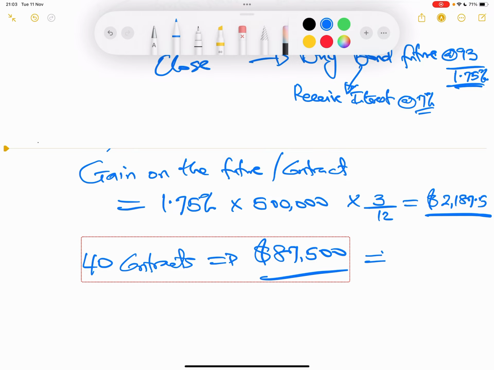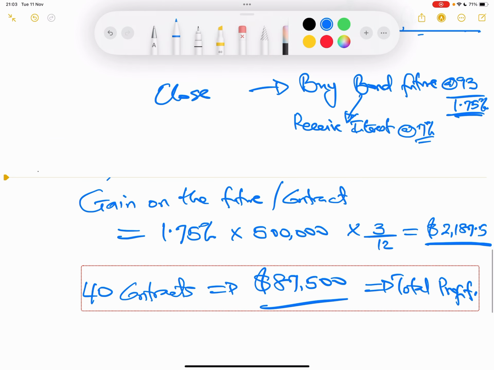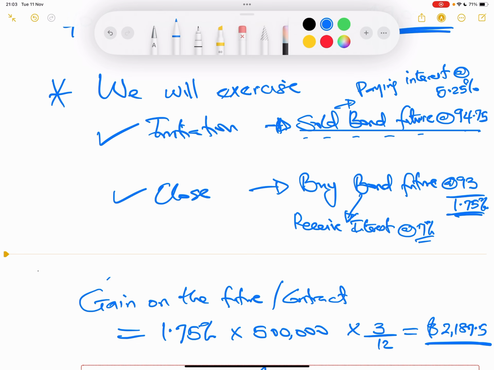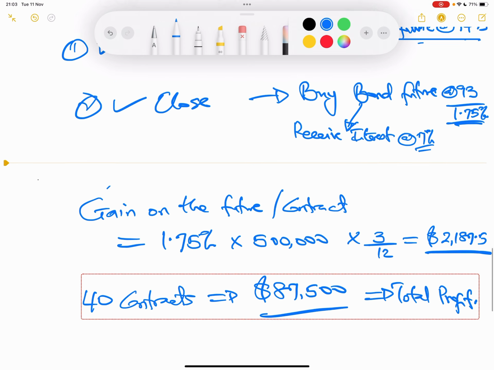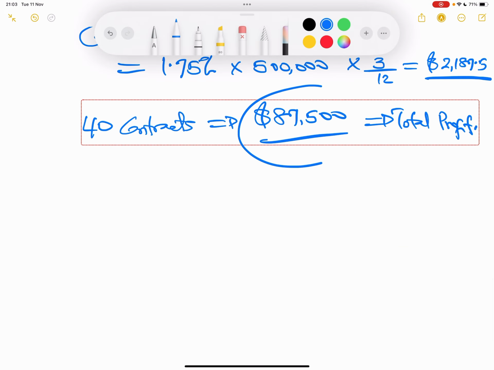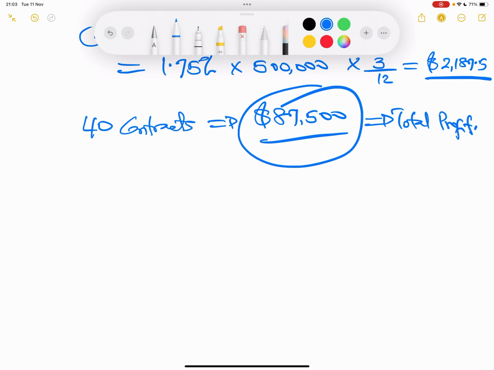So this is your total profit on the contract. So out of three things, you've initiated and you've closed the future, two things done, and we have this figure from those two things. Then we need to finalize it by doing the third one, which is the real transaction.